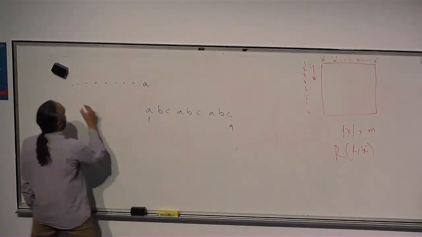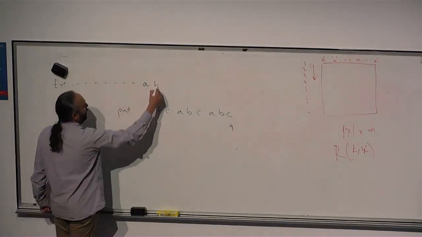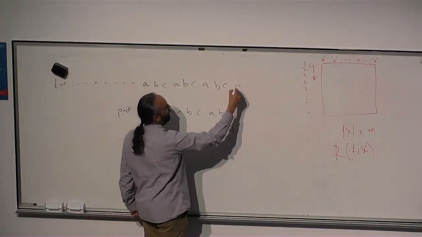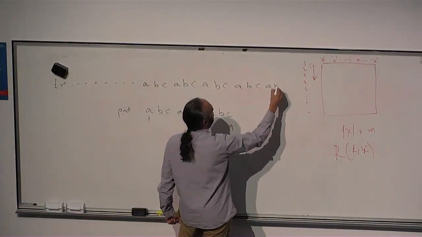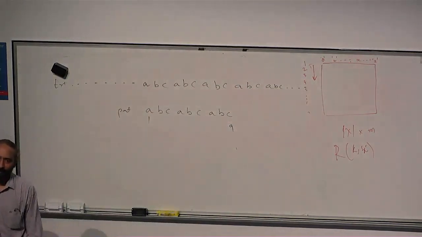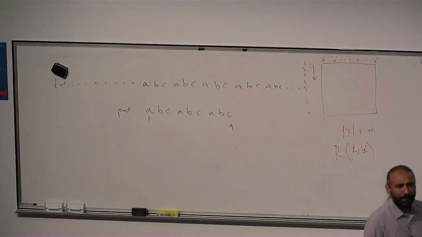In the text, that's the pattern: A, B, C, A, B, C, A, B, C. Let's keep going a bit more. This is a periodic string that I've given an instance of, and the periodic string has a period of 3. ABC repeats itself, right?